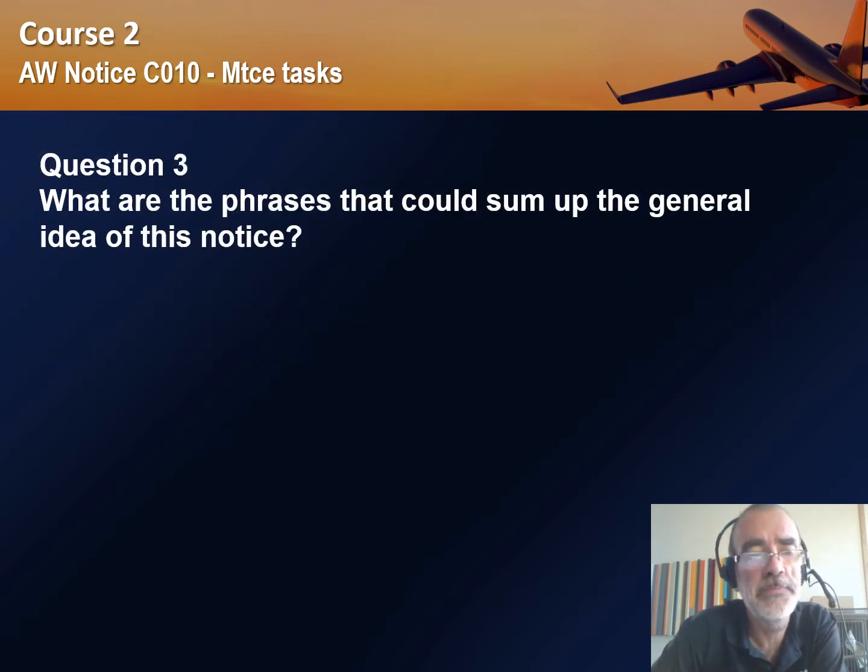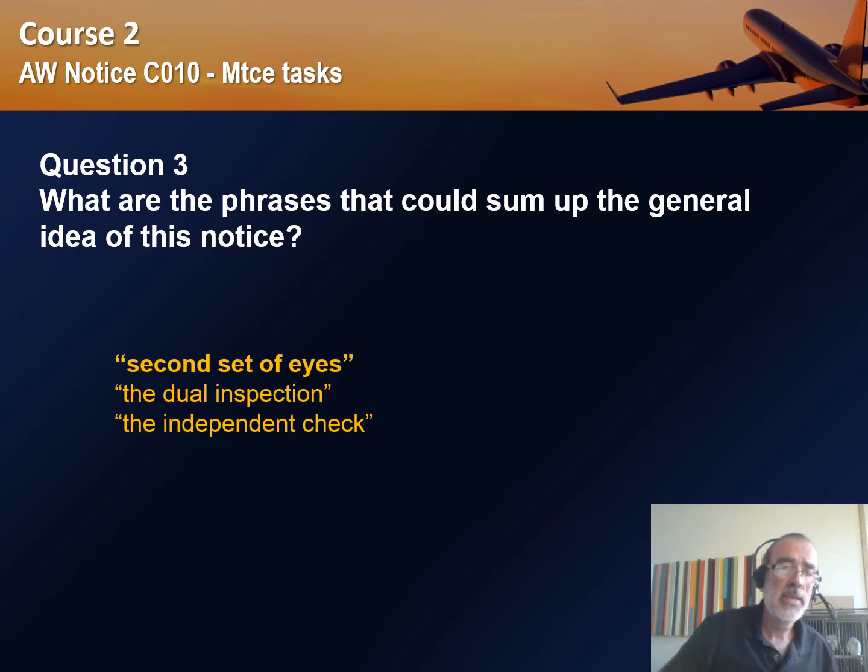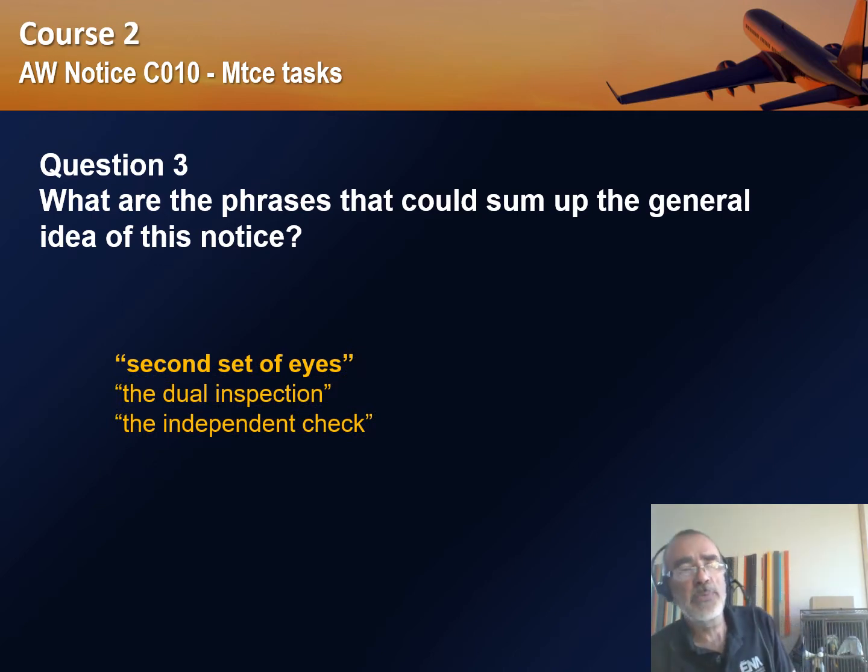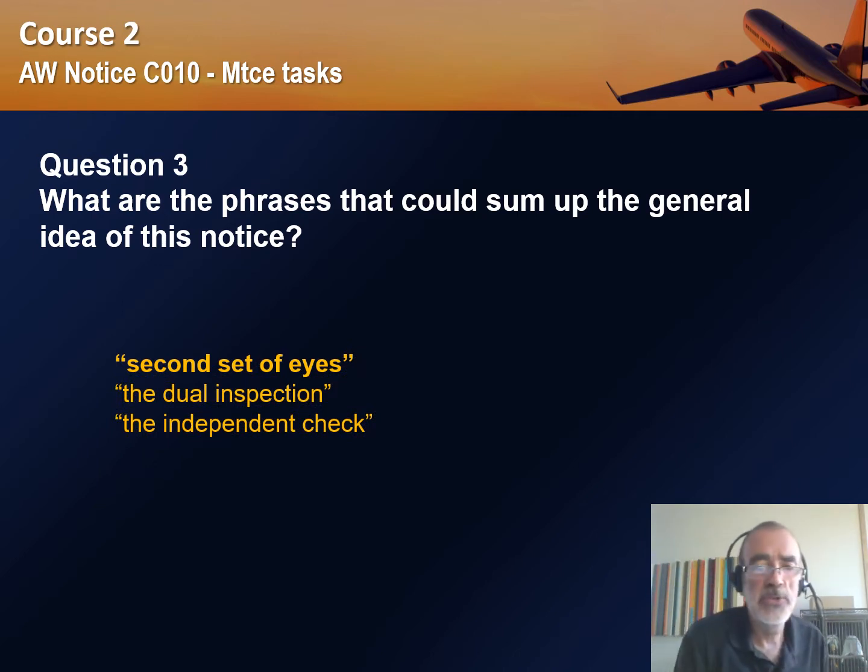Question 3. What are the phrases that could sum up the general idea of this notice? If you had to sum up the notice, what would be those key phrases? You need a second set of eyes. Okay, when you do an inspection, you need somebody to look at your work.